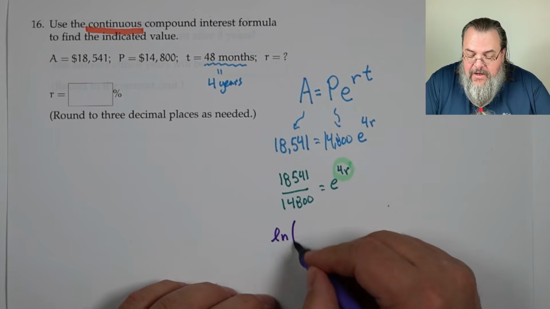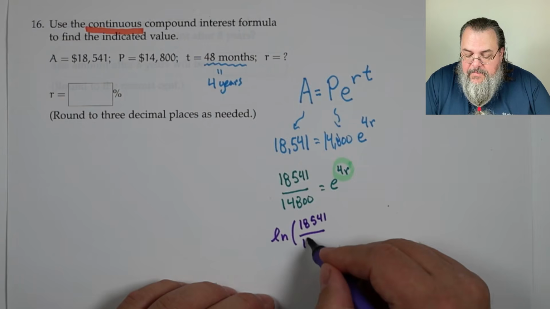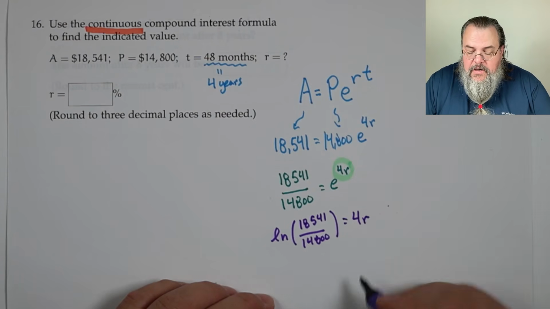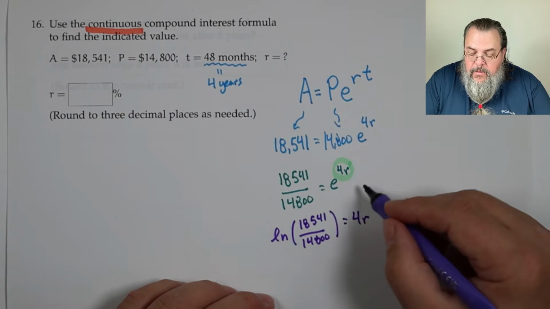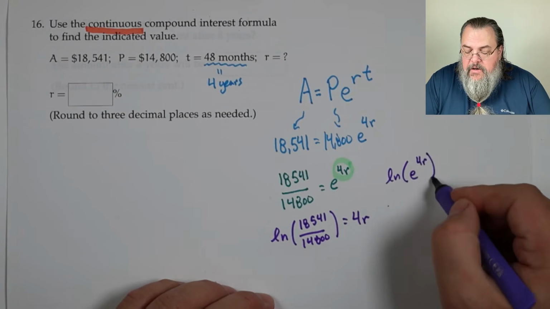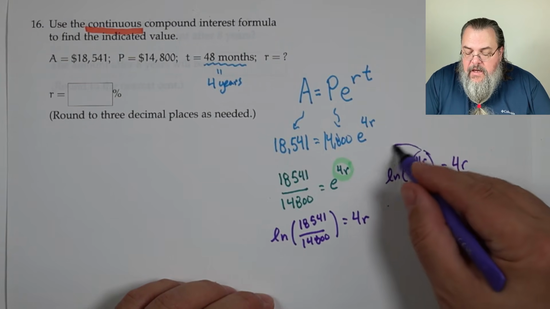So the natural log of 18,541 divided by 14,800 is 4R, right? Because what am I using here? The natural log of e to the 4R is 4R. The exponent comes down.